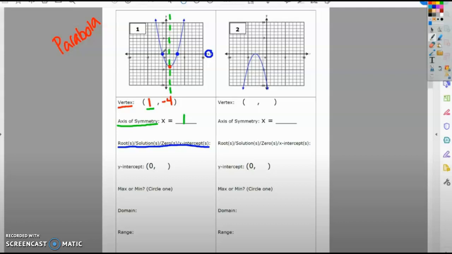The first one, the x is at negative 1, and our y is at 0. So negative 1, 0 is our first root. The second one, 1, 2, 3, so our x is at 3, and again, our y is at 0. With these, your y coordinate is always just going to be a 0.